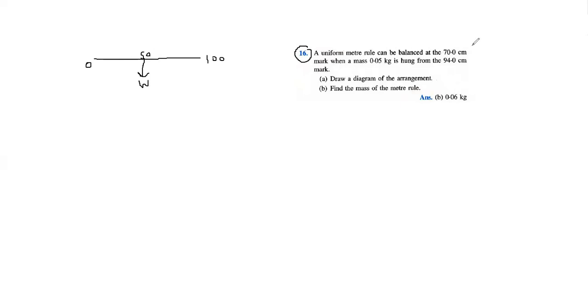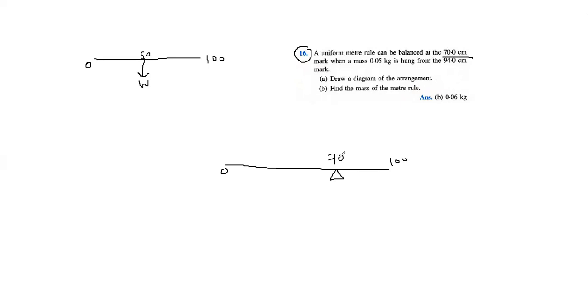It says a uniform meter rule can be balanced at the 70 centimeter mark. So this is the meter rule, which is balanced at the 70 centimeter mark, which means this is 70.